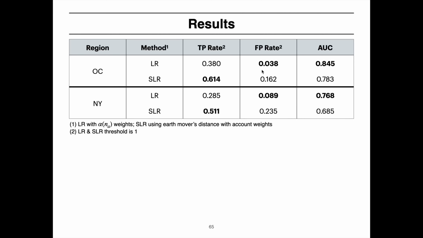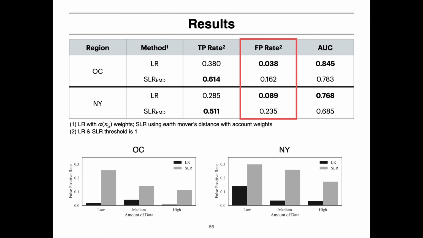But you suffer in terms of true positive rates, so the sensitivity isn't as good as compared to the score-based likelihood ratio. And I think more interestingly, if we focus on the false positive rate as the amount of data in the sets increases, as we get more events in A and B, our false positive rate actually decreases in both New York and Orange County, regardless of method. So either if we're using the score-based likelihood ratio or the likelihood ratio, as we get more data, our error rates go down, which is good.